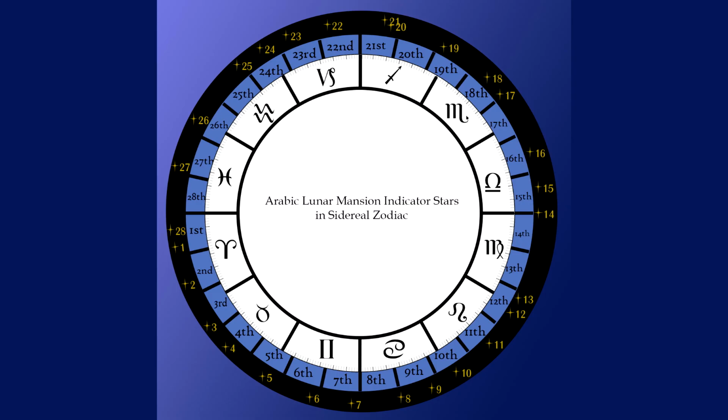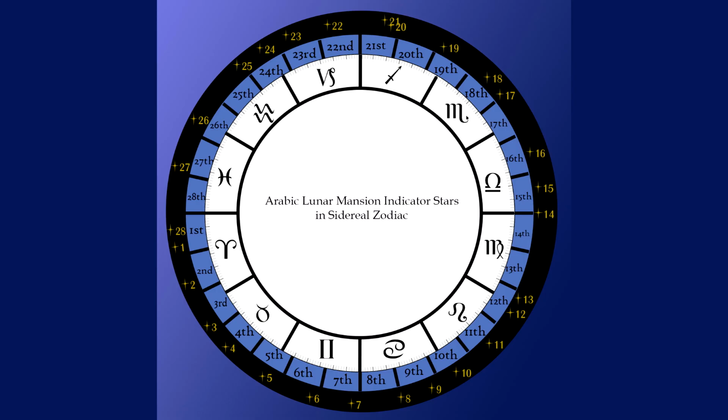So what this means is that the 1st lunar mansion and the 8th lunar mansion, in a system where the lunar mansions have an equal division, will have the same starting degree, just in a different sign of the zodiac. So in a tropical division, where we start the lunar mansions at 0 degrees Aries, the 1st lunar mansion starts at 0 degrees Aries, and the 8th lunar mansion will start at 0 degrees Cancer.